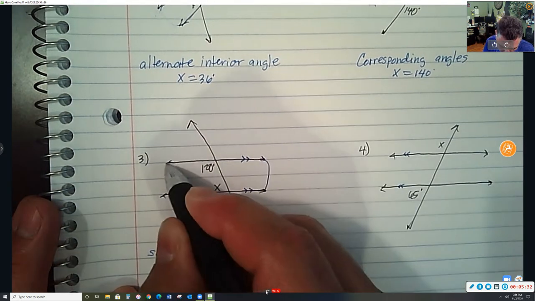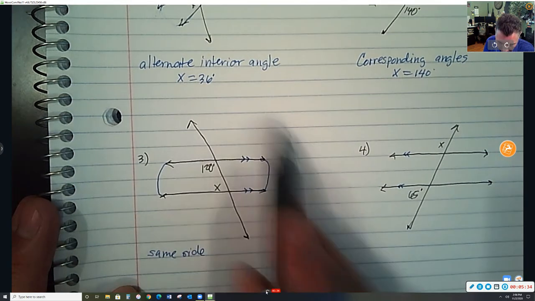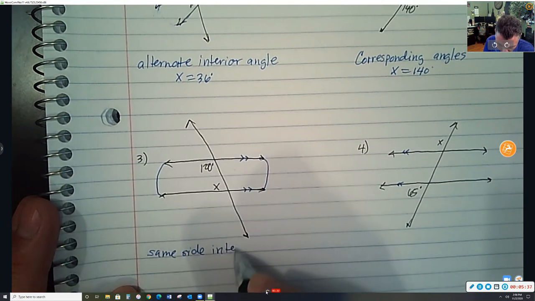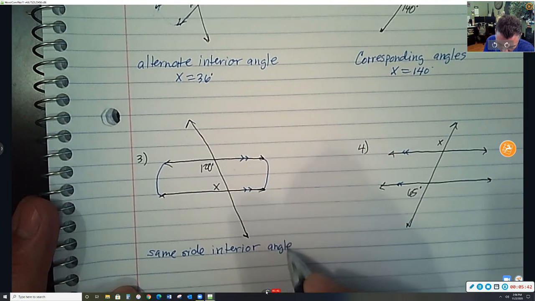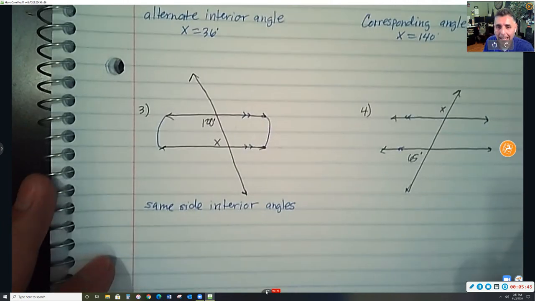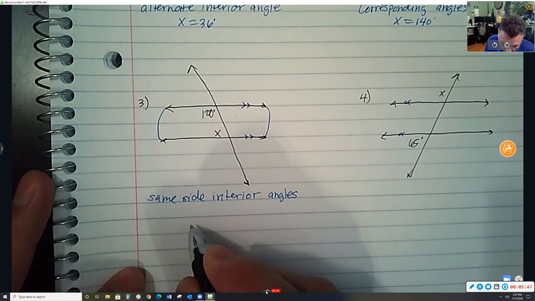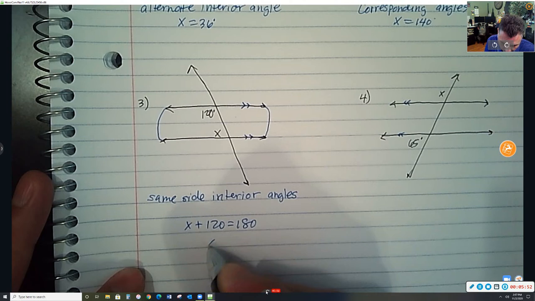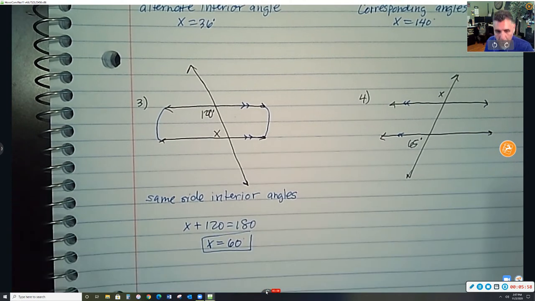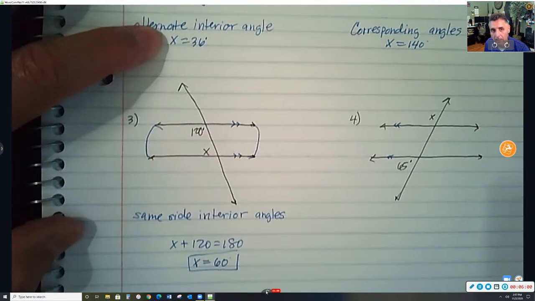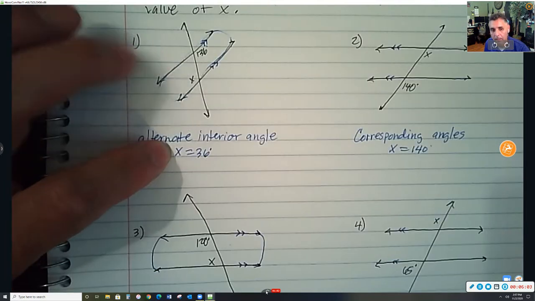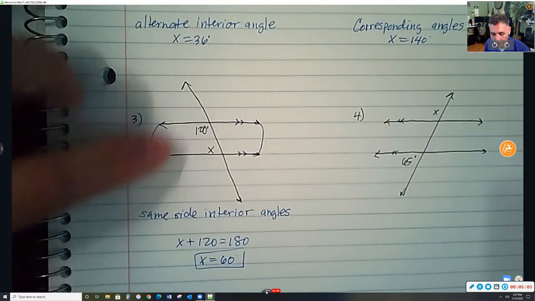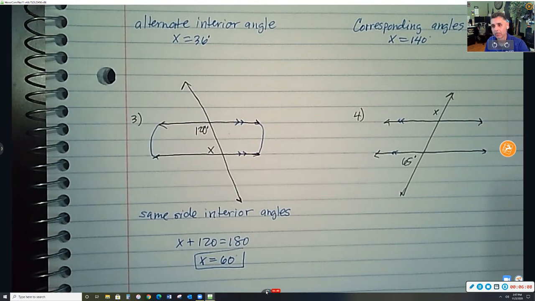To me, it always makes sense to close it off because then you can talk about an inside and an outside. So same side interior angles. Now those two are not congruent, but what they are is supplementary. I know x plus 120 equals 180. So that means x must be 60 degrees. Okay. So those are different. Up here you can just say they're equal. But whenever you have same side, they add up to 180.